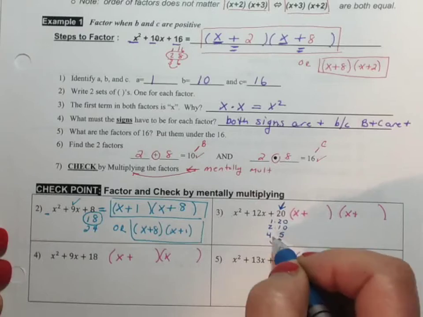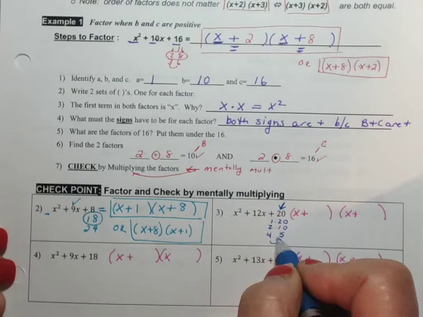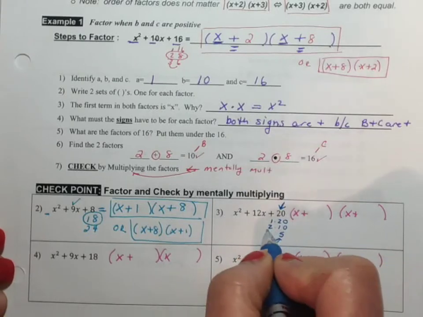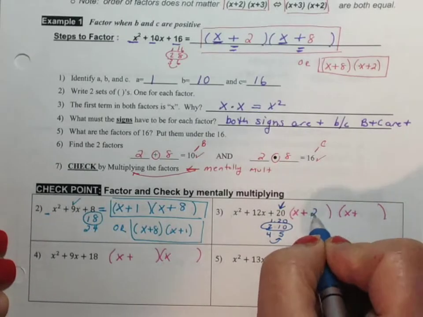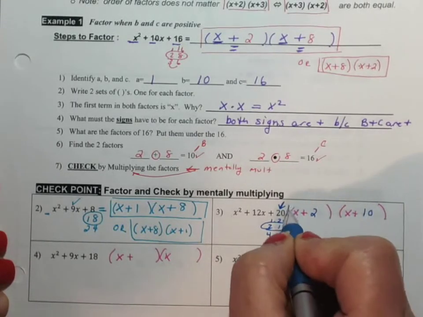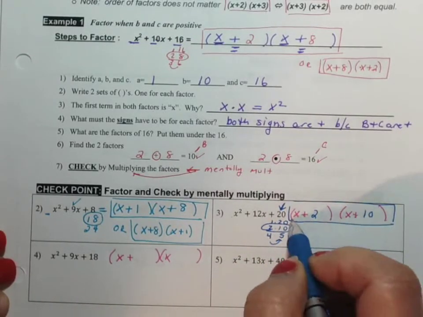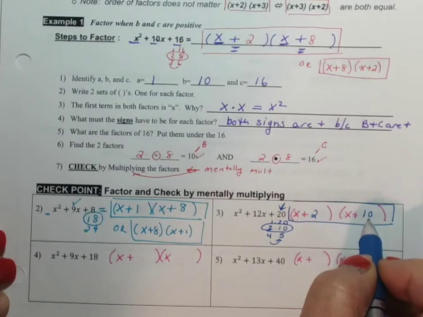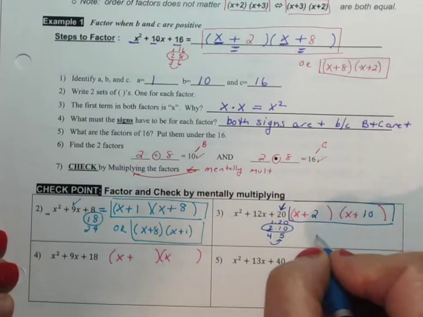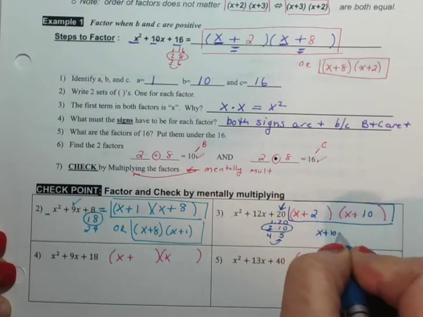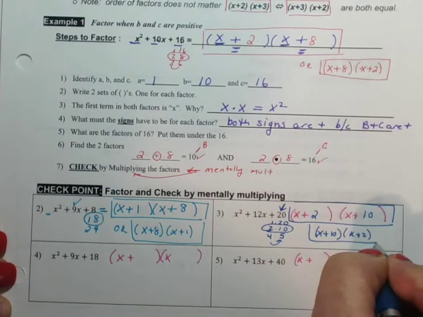These, if I multiply them, all give me 20, and the two that add to 12 are the numbers that I want. So I can mentally multiply: x squared, 10x and 2x is 12x, 2 times 10 is 20. Now if you got x plus 10, x plus 2, well, that's correct as well.